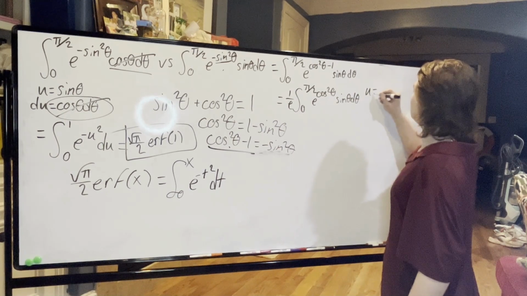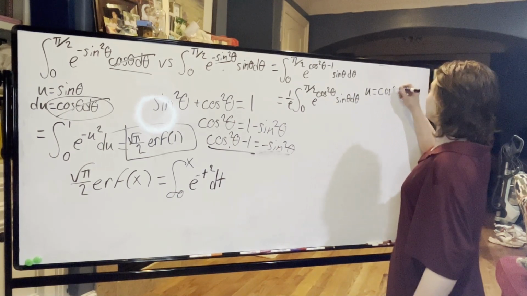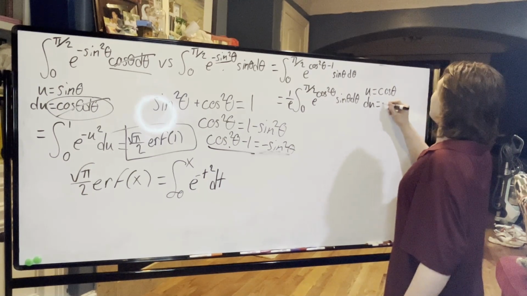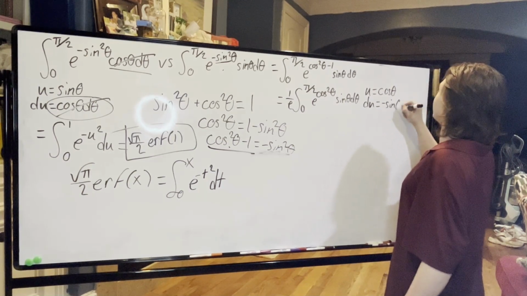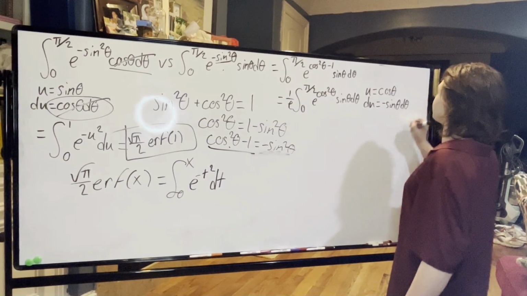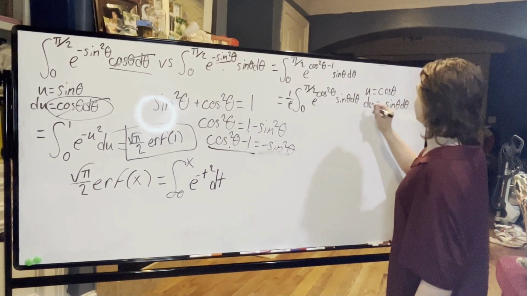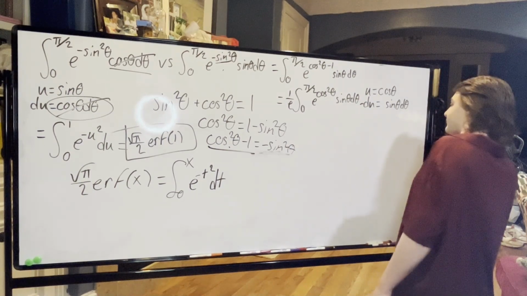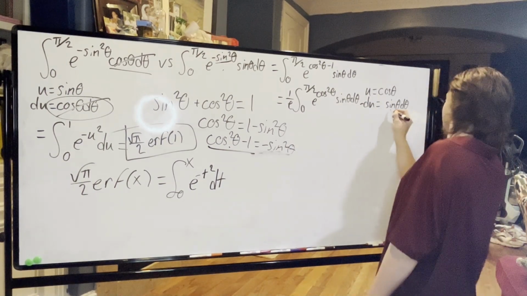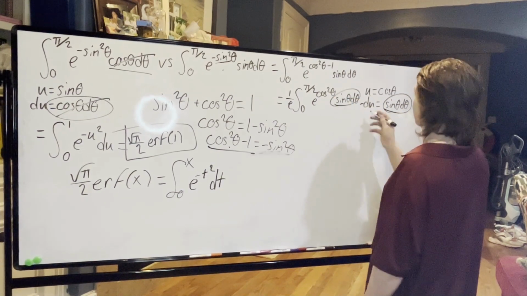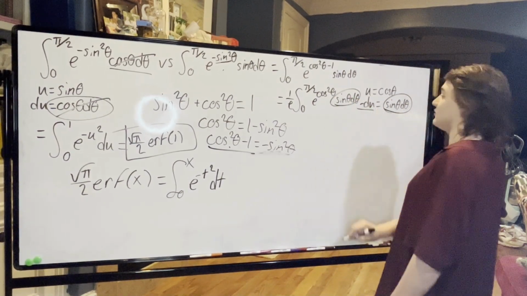We get u equals cosine theta. du equals minus sine theta d theta. And so then just multiply both sides by -1. Then this, yep, it's right here. So that's just going to turn into our minus du.